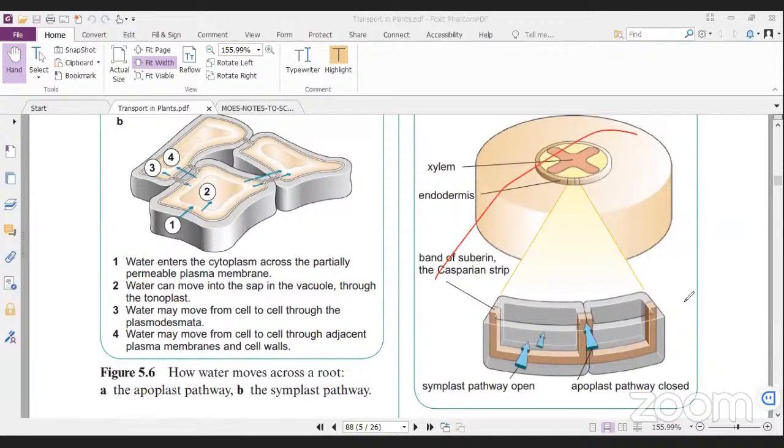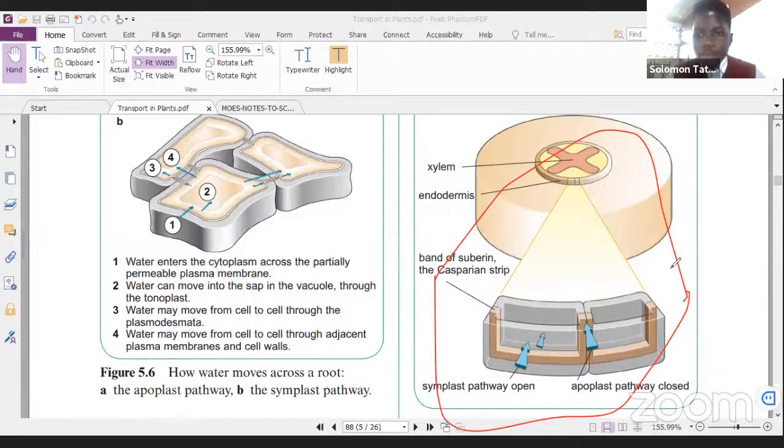It is a waterproof substance that does not allow water to move from one side of the cell. Yes, good job. Thank you very much. That's a good submission right there.